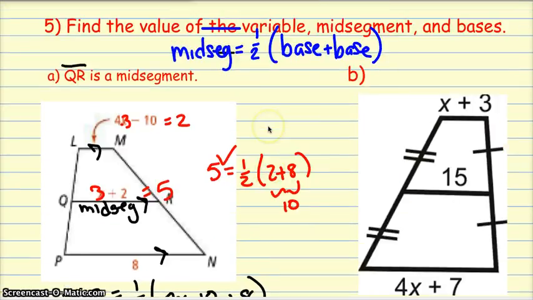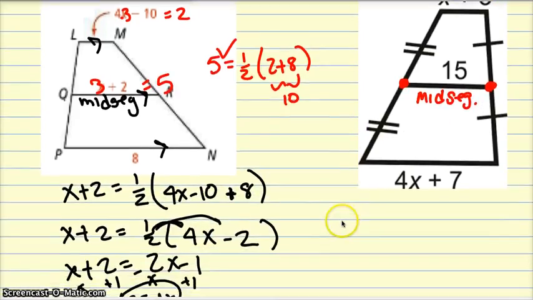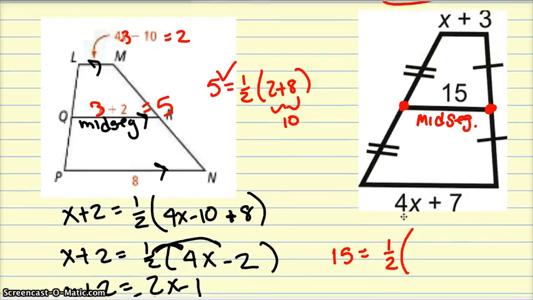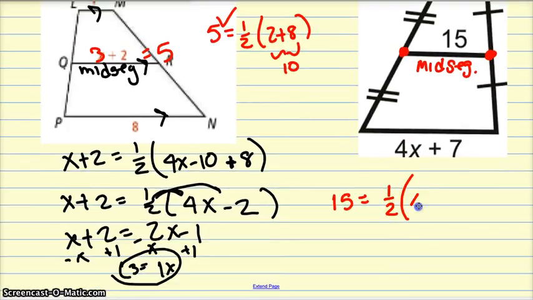Last one. The midsegment, let's see what it says. It doesn't tell me what's the midsegment like it did over here, but look at your markings. We have the double marking, so that must be a midpoint, and the single marking, so that must be a midpoint. So this is the midsegment. So the midsegment, which is 15, is equal to half the sum of the bases. So x plus 3 plus 4x plus 7.